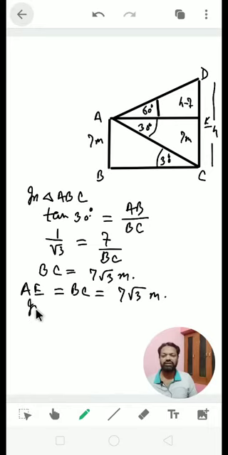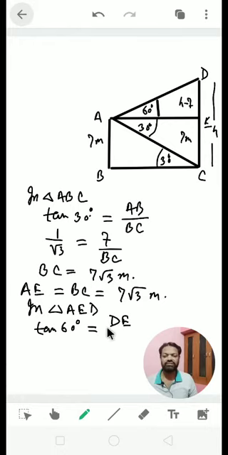Now we will again take the triangle AED. In triangle AED we have tan 60 degrees equals DE by AE, as per perpendicular by base.